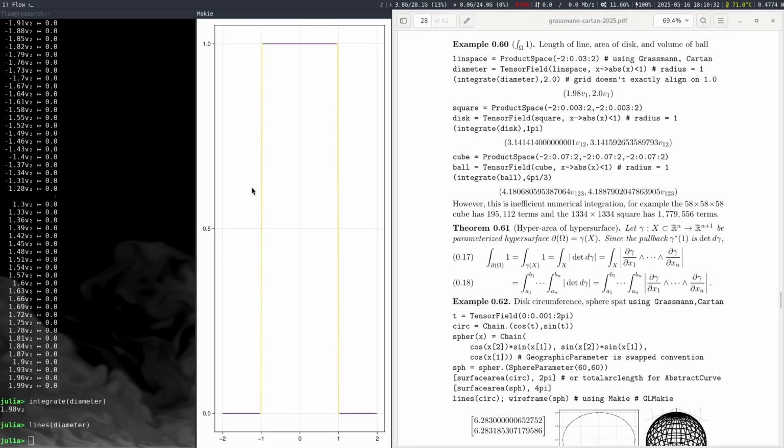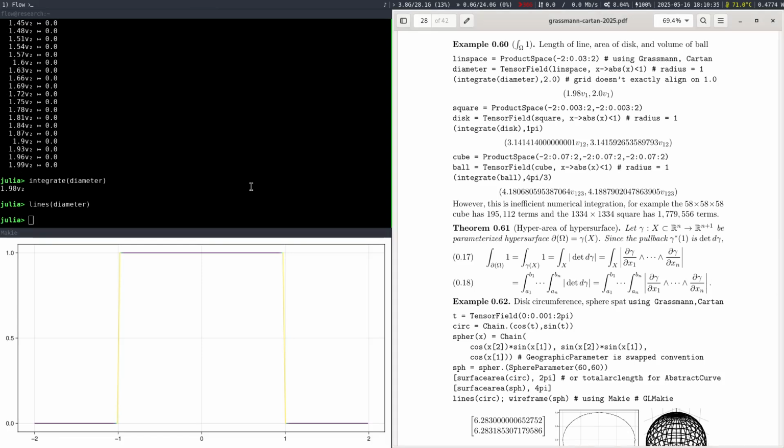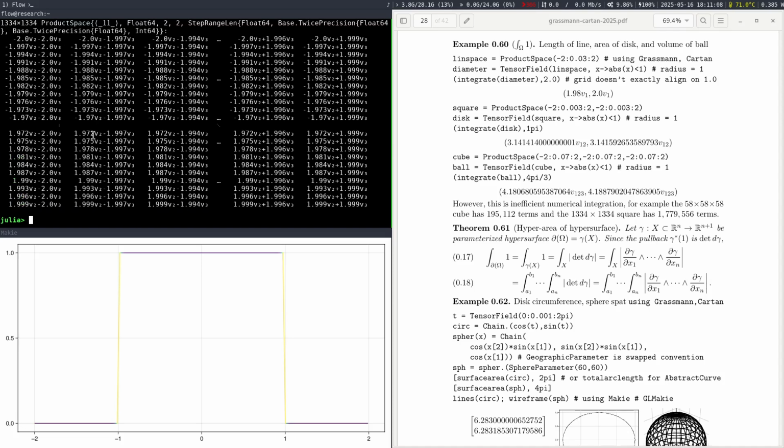Anyway, let's move on to the next example. Not get too bogged down on every single example. So we now have a square domain.